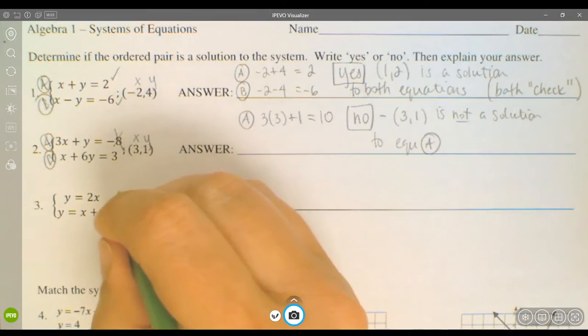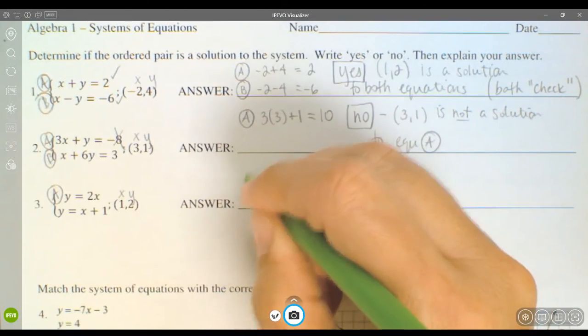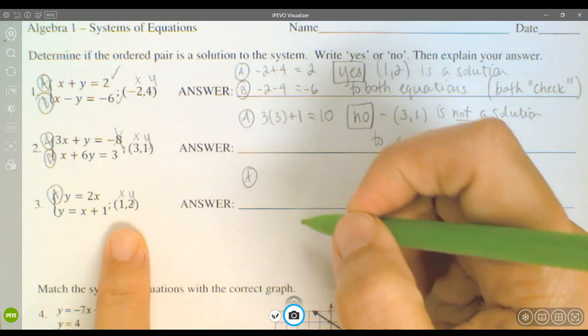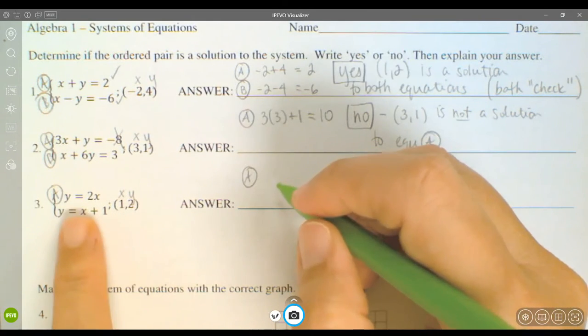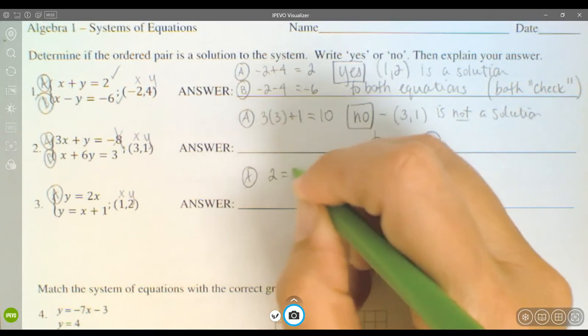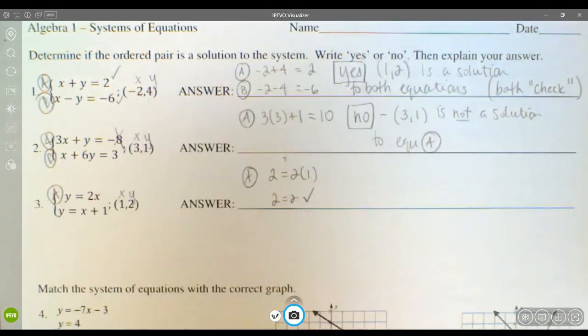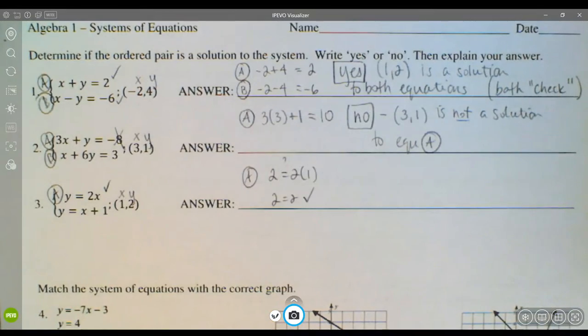Number 3. Let's look in equation A. I'm going to do this one a little differently. Does y equal 2 times x? Does 2 equal 2 times 1? Does 2 equal 2? Yep, so this one checks.